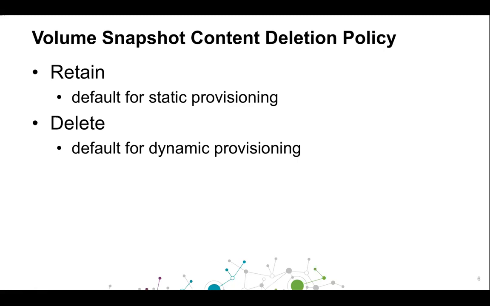That's similar to the persistent volume claim, which is a user's request for a volume. For volume snapshot content, we have two policies: one is retain, one is delete. Delete is the default for dynamic provisioning, and retain is the default for static provisioning.